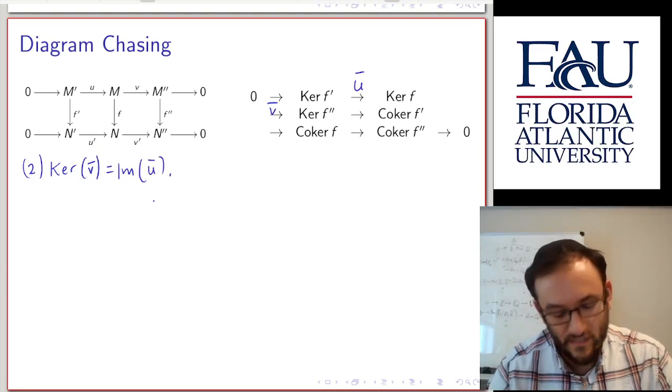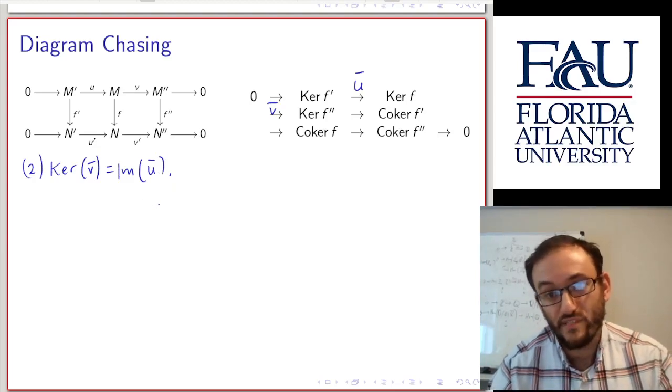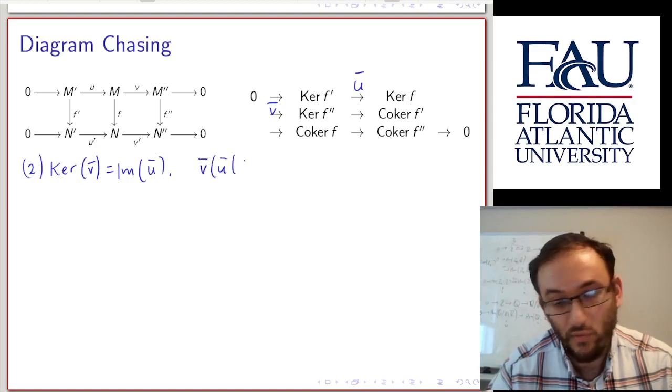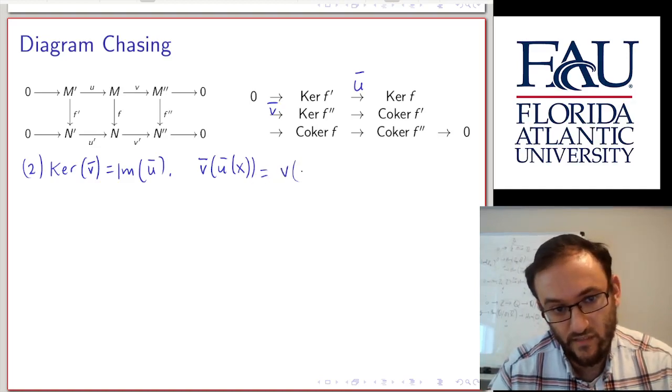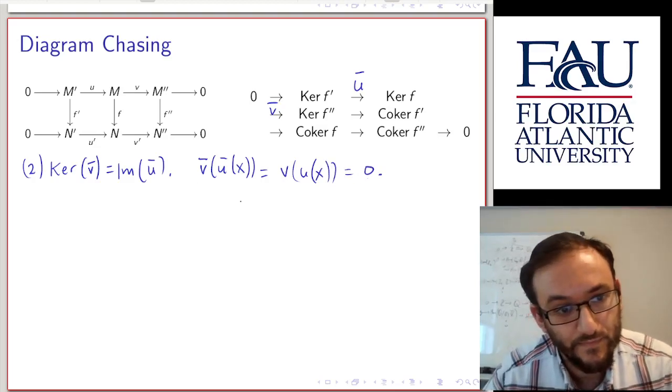Okay, well, one direction of this is relatively simple. Because these are just restrictions of maps that are exact, if we consider what happens to v bar of u bar applied to a certain element, that's going to be the same as if we applied the bigger map. And we know that that's 0 by exactness.